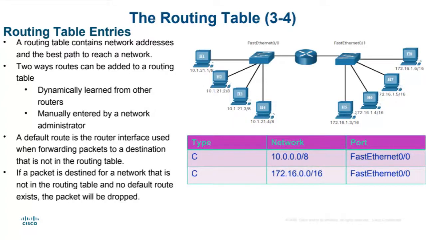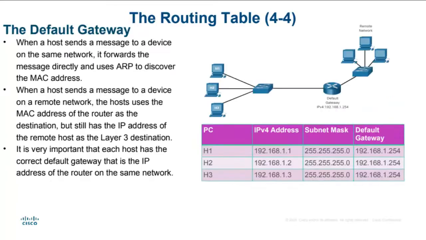If I don't have a default route and I receive the packet, I will drop it. Otherwise, if I have a default route, any packet that I don't know where it's going, I will just send to the default. This is the default gateway.